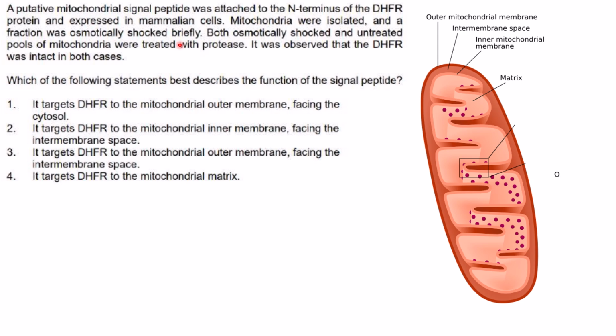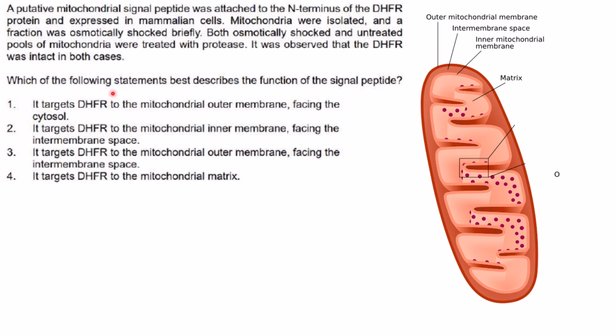First they were given osmotic shock and then later subjected to protease treatment. It was observed that the DHFR was intact in both cases. So DHFR was not affected, which means it has entered mitochondria. Now where it is localized, you have to find out from the options.